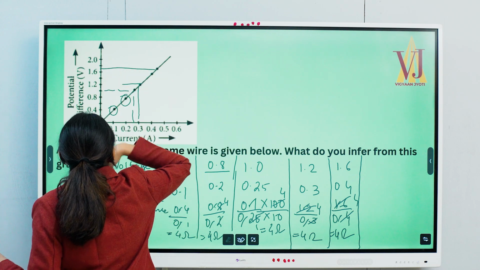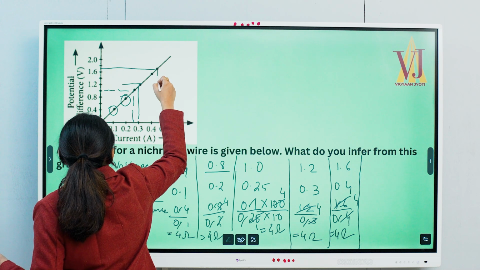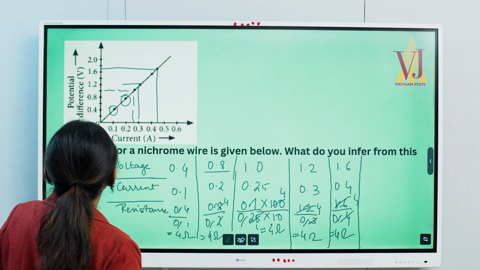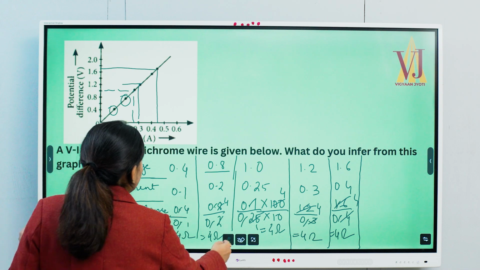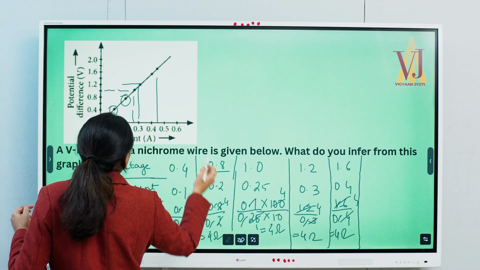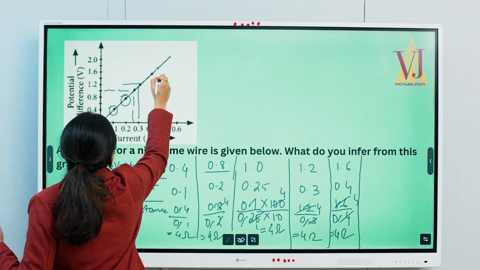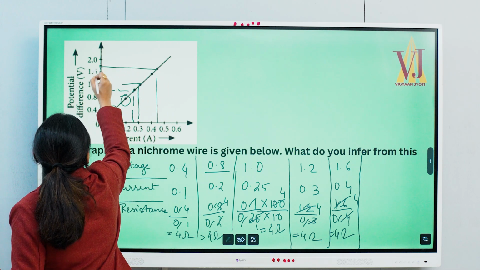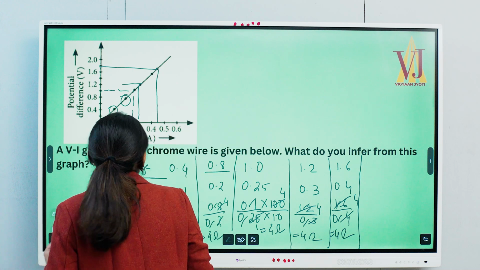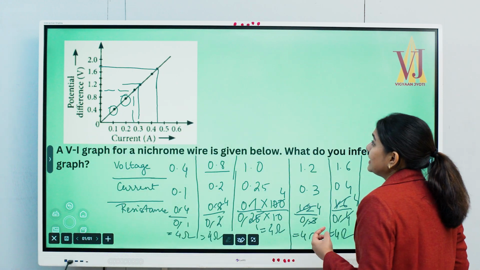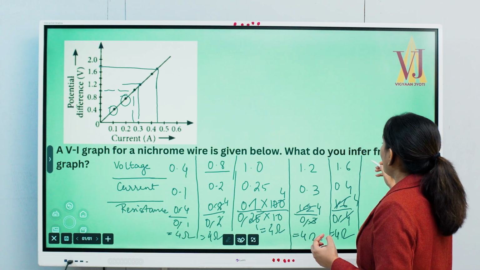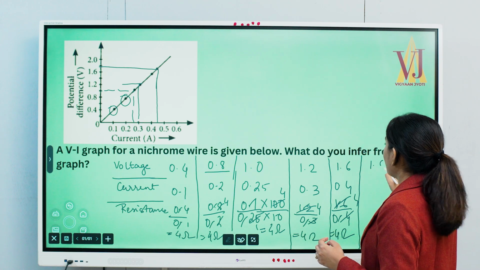Between 1.6 and 2, it's 1.8, right? It's still not okay, because again I have drawn this one, it's not proper. This is my point. I'll just try to make it like this. Let's say I'll just make it 1.8 only. Not a problem.